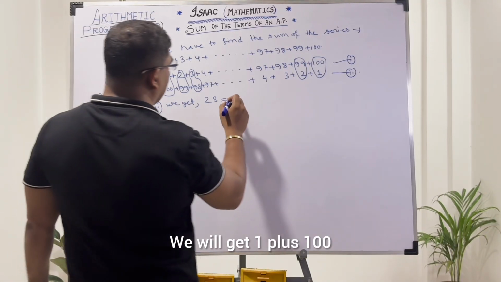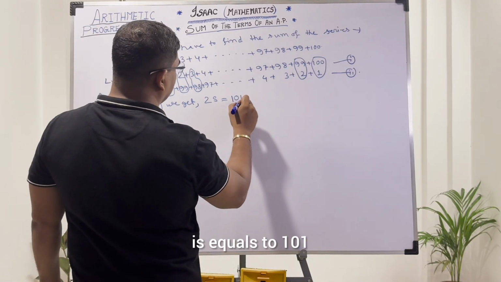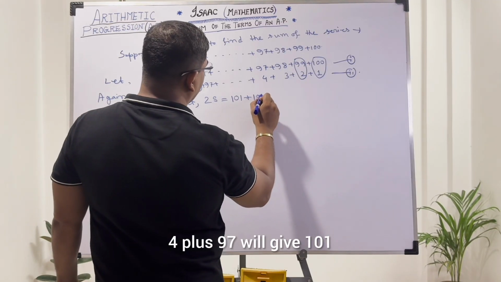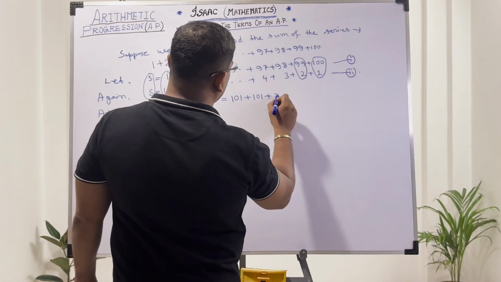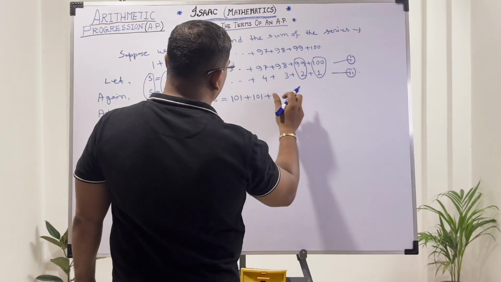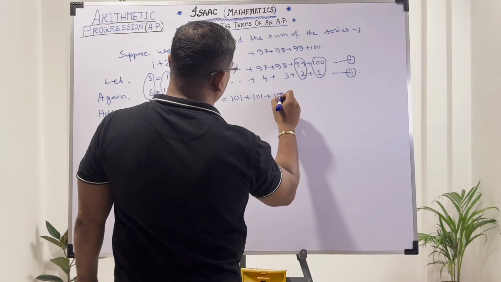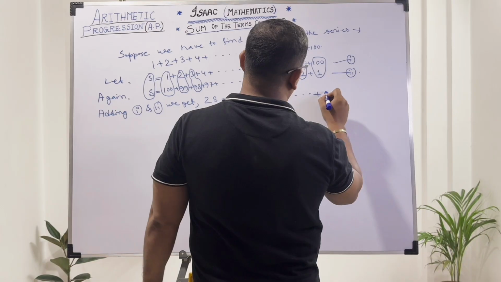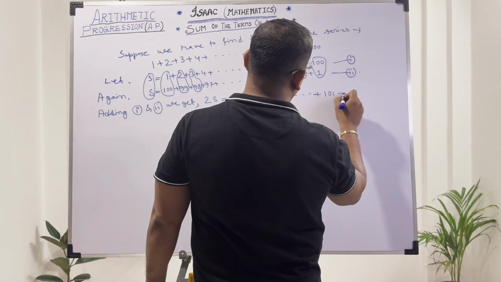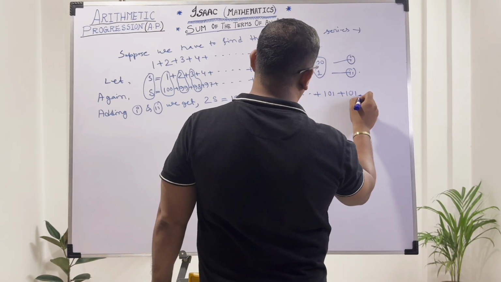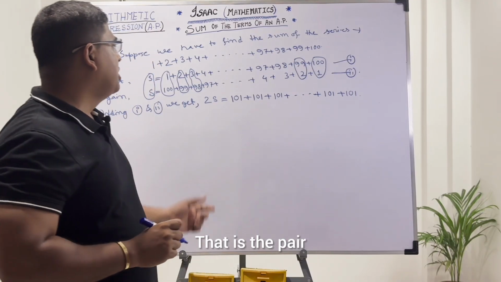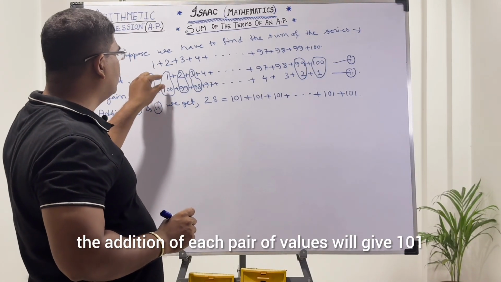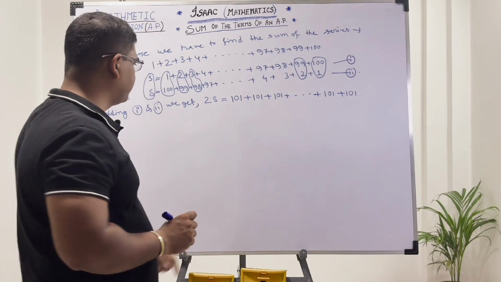We will get 1 plus 100 is equals to 101. 2 plus 99 will give 101. 4 plus 97 will give 101. Continuing plus 101 plus 101. Okay. That is the pair, the addition of each pair of values will give 101.